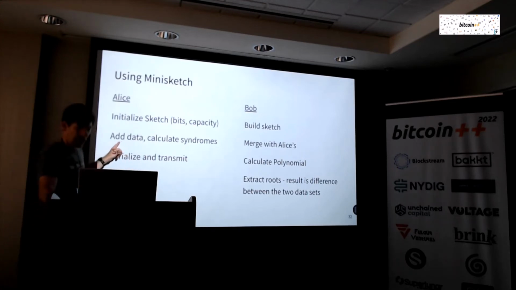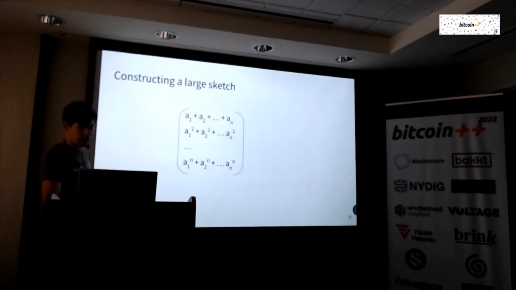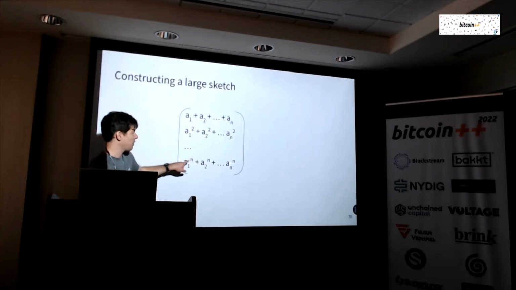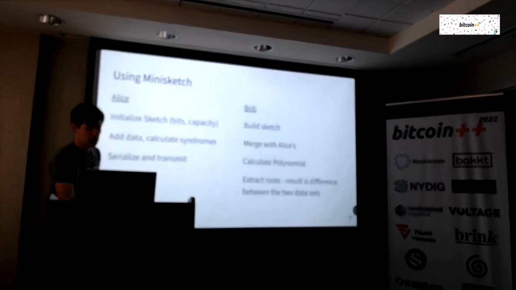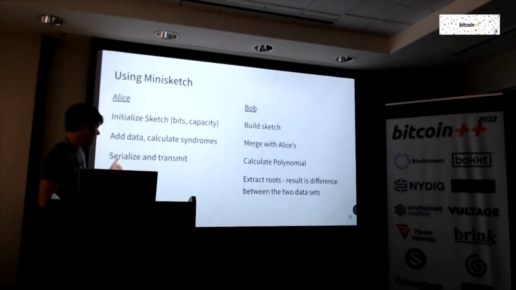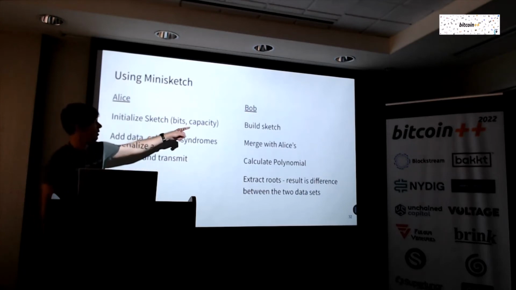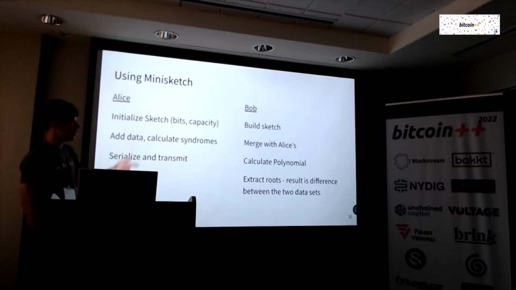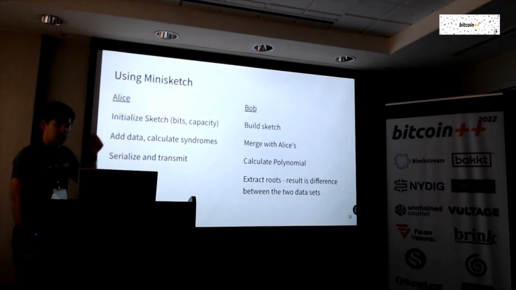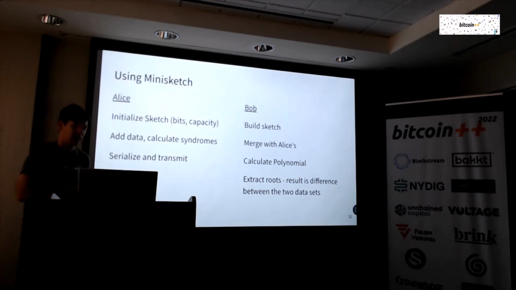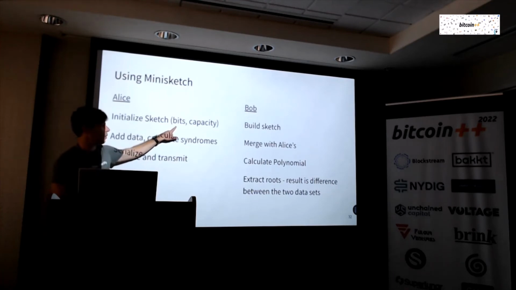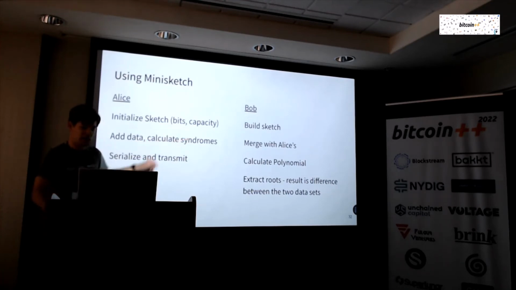So then we add our data and calculate the syndromes, which is just each line of this. We have to calculate it as we add each data point. Then we serialize and transmit that over from Alice to Bob. Bob goes through the exact same procedure. He builds his sketch, and he merges the two together. And it's pretty interesting. He needs to choose the same data width, but his capacity can actually be different.